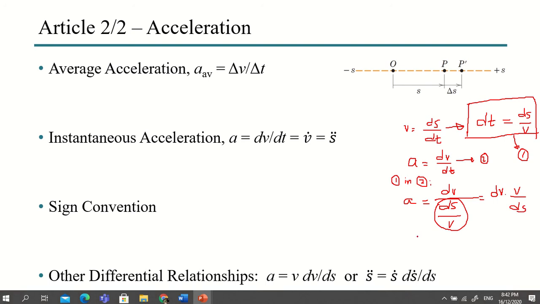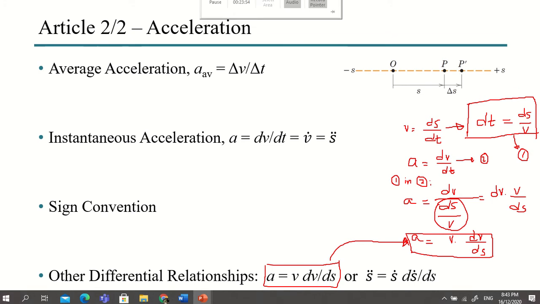Or rearranging, we have a equal to v times the derivative of v with respect to s. So this is what you have seen in this equation here. That is where this formula is taken.